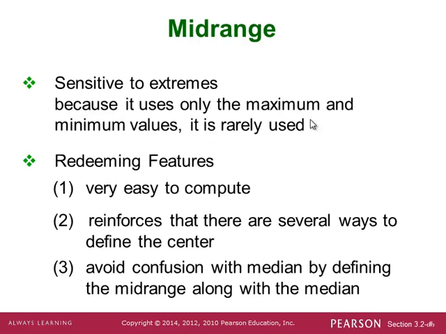But it is very sensitive to extreme values because it only uses the two values in your data set of your maximum and minimum values. It is easy to compute, but it's different than the median, though.